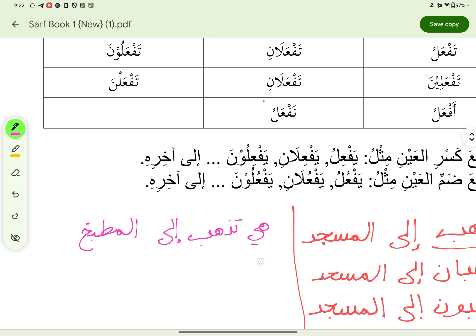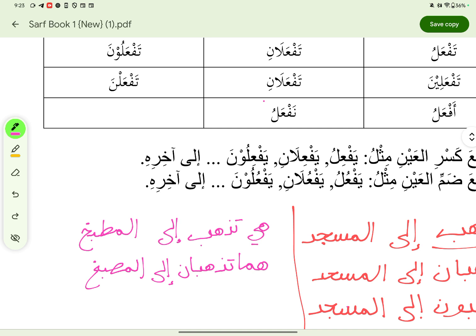We have هما تذهبان إلى المطبخ. This is also a kha, right?